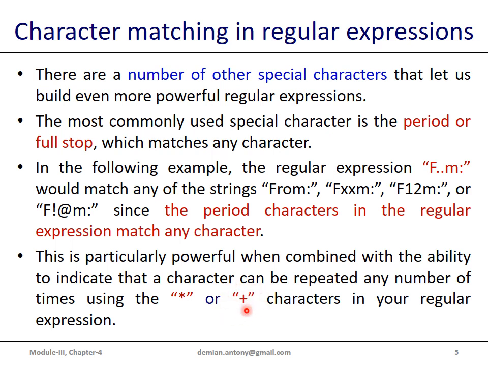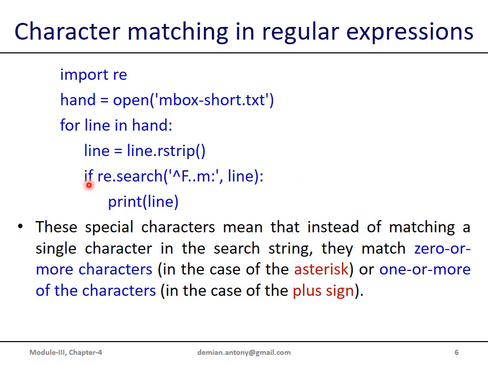Let's modify the previous program to support this dot character. We only need to change this regular expression to f 2 dots m. Now we can recognize lines which start with f1 to m, f abm, all that with colon.